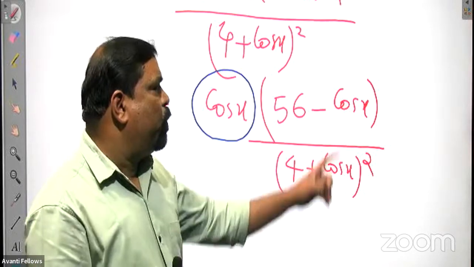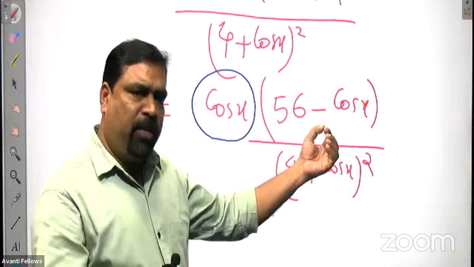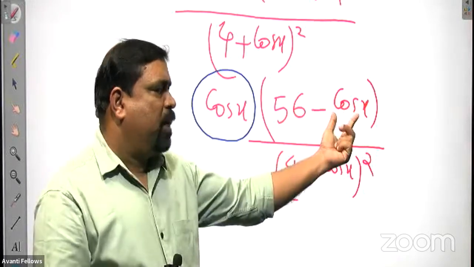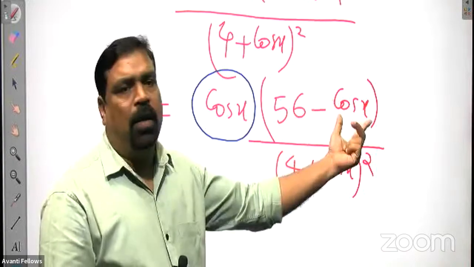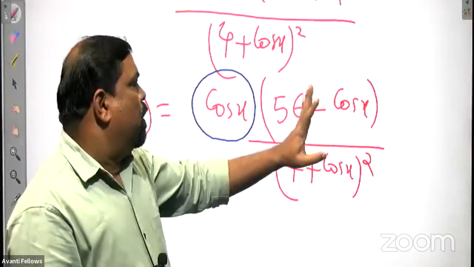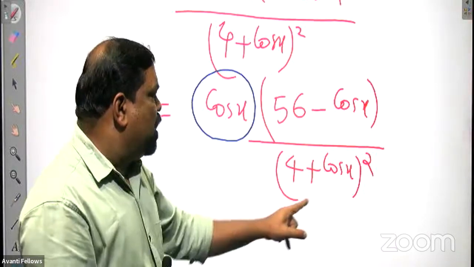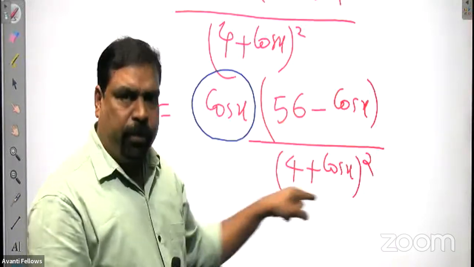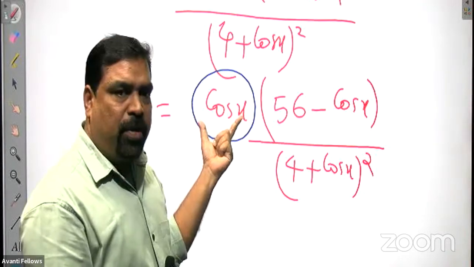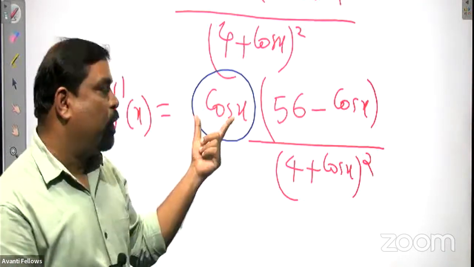So whatever value we put for cos x, 56 minus 1, anyway, it is also positive. So except cos x, the remaining two terms are always positive. What is remaining is cos x. So everything depends upon cos x.